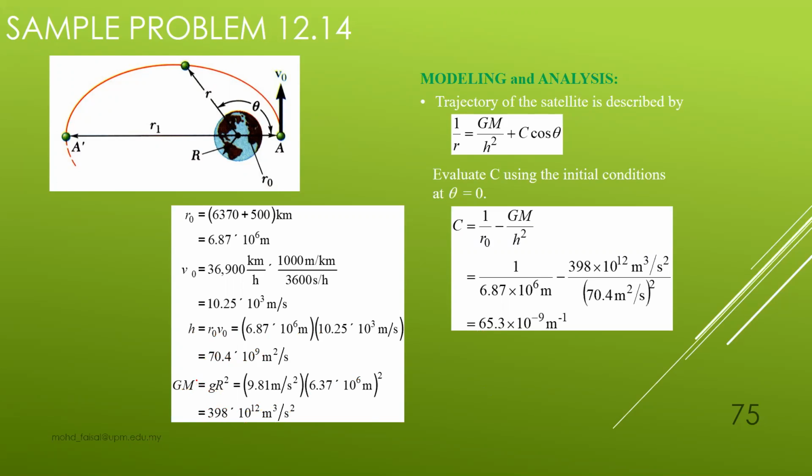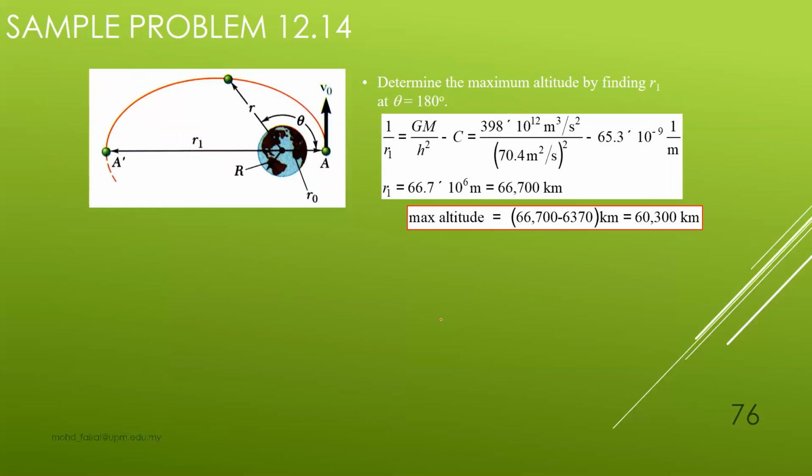Then you use this particular value of M, put it here, and it is your R naught, which is this one, and this one is your H. Then you can calculate the value of C. Then to get the value of R1, use this particular formula that we have shown before, rearranged of course, because you want to get this R1.